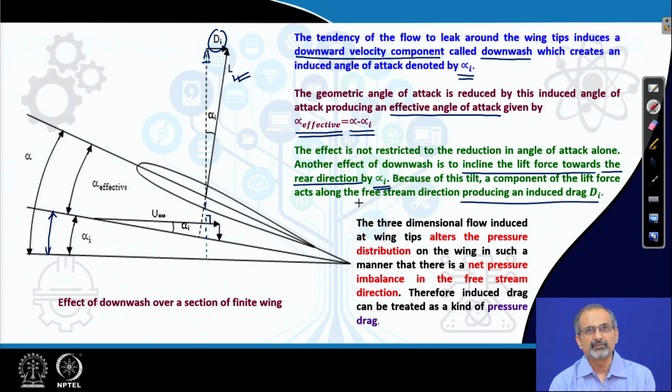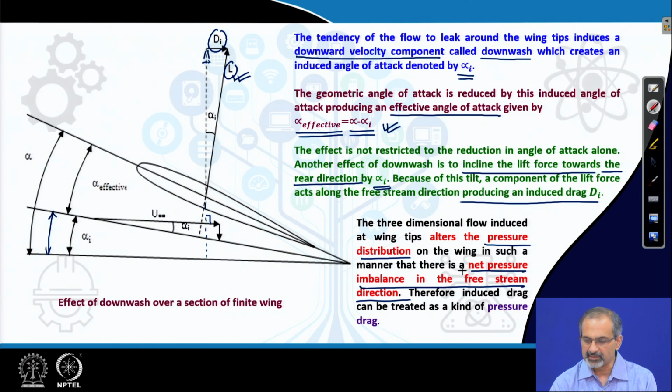Of course, there is a disadvantage even because of the reduction of alpha, because you would understand that with reduction in alpha, what essentially happens is that the lift will also reduce. So, there is actually a twofold reduction. The three-dimensional flow induced at wing tips alters the pressure distribution on the wing in such a manner that there is a net pressure imbalance in the free stream direction.